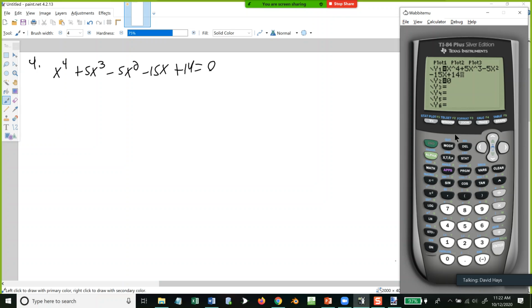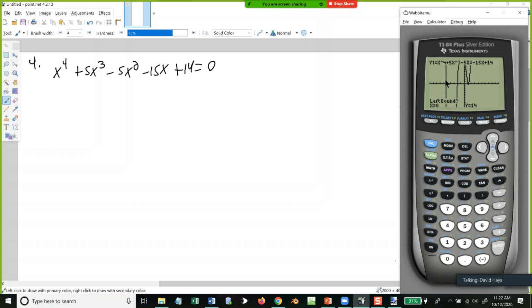Okay, so I'm going to do second trace, choose intersect. Now there's definitely two answers on the left side there, and on the right side you can see it comes down a little bit below the x-axis and goes back up, which means there's two answers right close to each other there. It doesn't matter that we can't see it really. The calculator doesn't need for us to see it in order to find it.